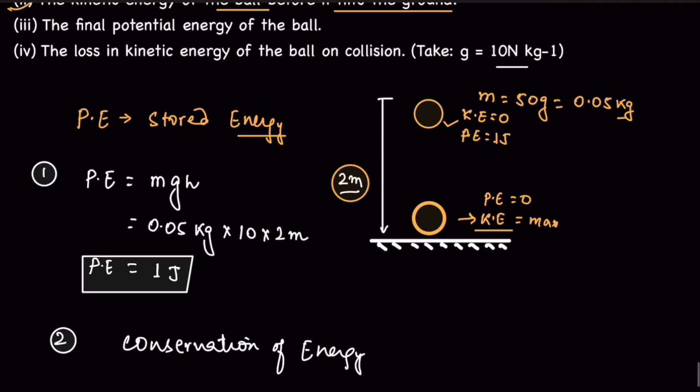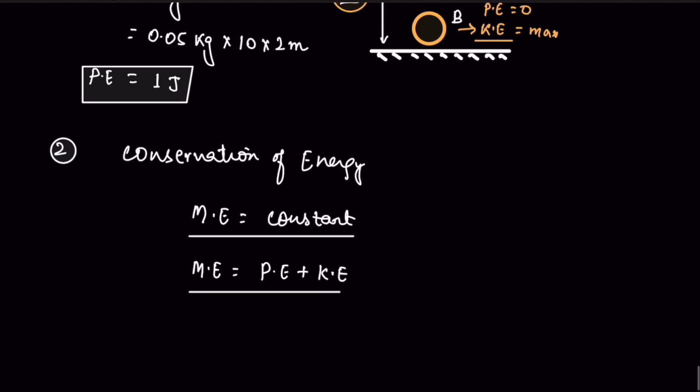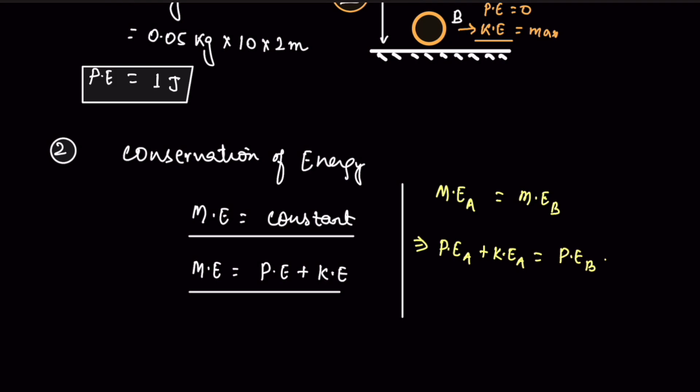So let's take this point as A and this as B. It means that mechanical energy at point A must be equal to the mechanical energy at point B. So mechanical energy at point A, potential energy at A plus kinetic energy at A, is equal to potential energy at B plus kinetic energy at B.